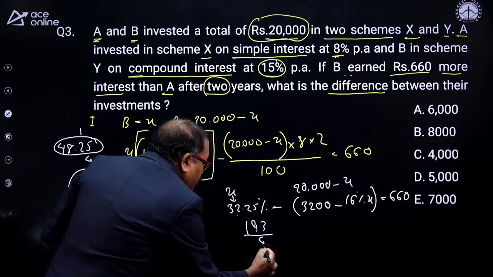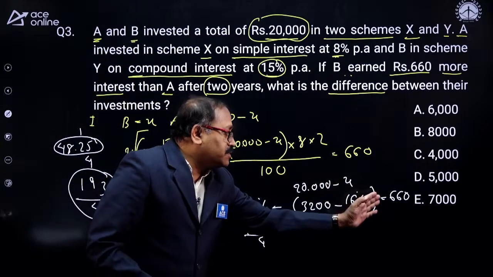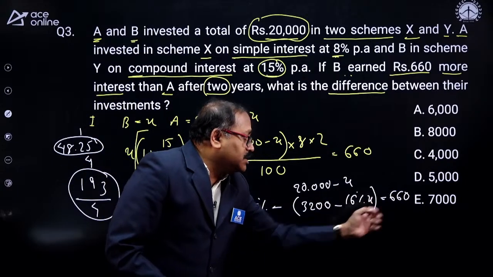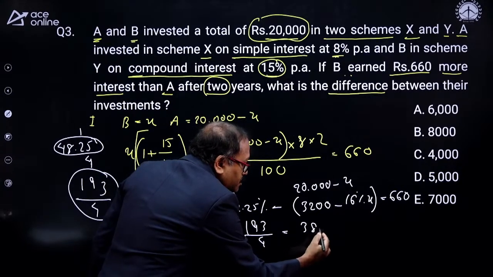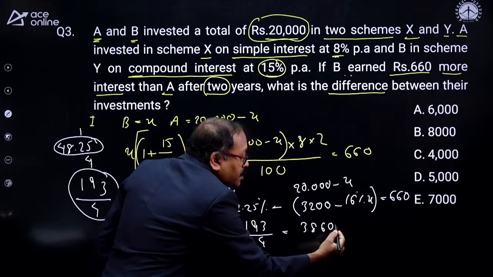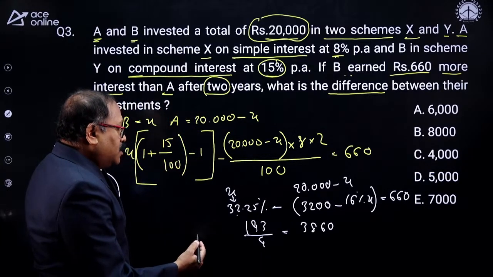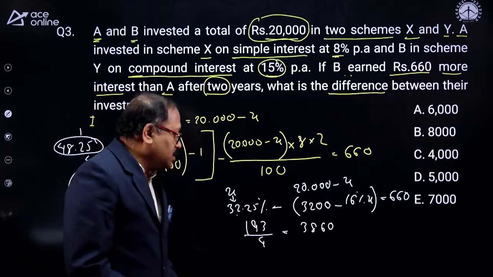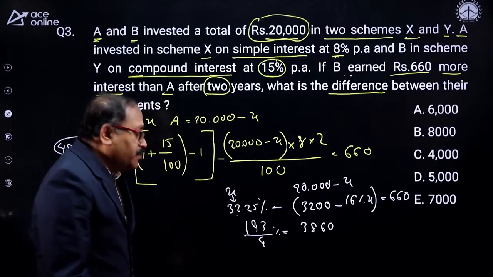So 193 by 4% is equal to this, minus 3,200 goes to the other side. So it will become 3,860. Am I right? 3,860. So this is the 193 by 4%.